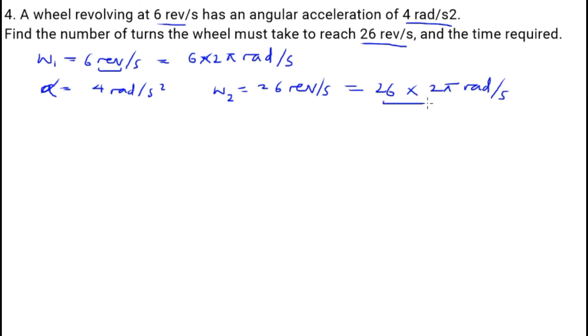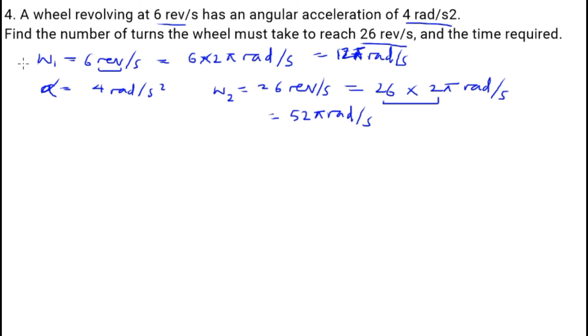So 26 multiplied by 2 is 52. So omega 2 is actually 52 pi rad per second. And then this is supposed to be 12 pi rad per second.